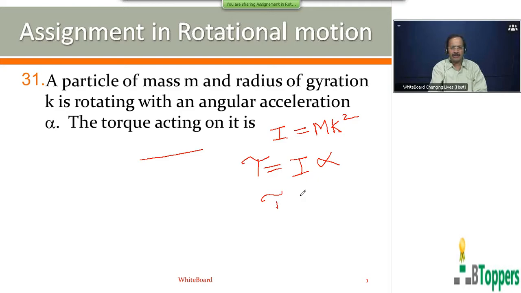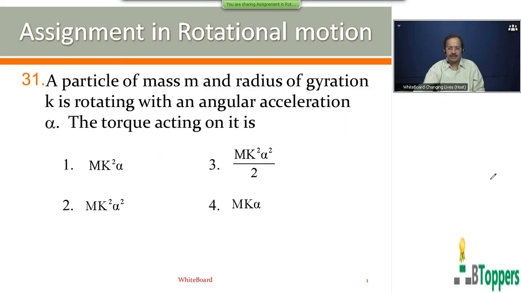So you can write torque equal to mk square into alpha. That will be the answer. For question number 31, the first option is the answer.